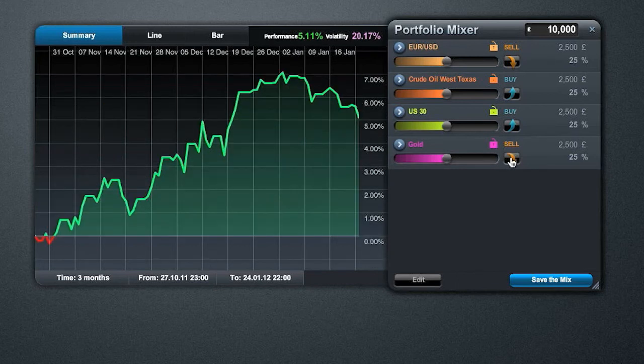And also, if you had been short gold, you would have not only been profitable, but quite profitable through most of this period, although your profits would have weakened a little bit more recently. With the portfolio mixer, you can also look at changing various weights. Initially, we've defaulted to a 25% weighting of your portfolio in each of these.